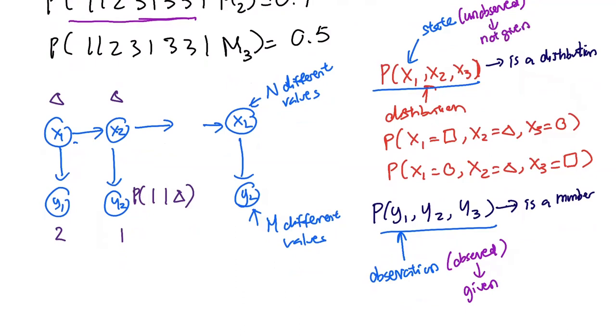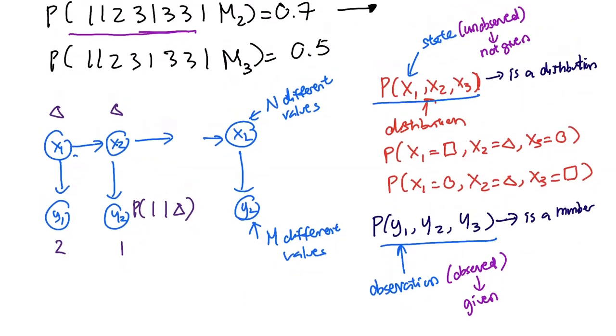Because if I observe something, then I know exactly what value it is. You assume the computer knows. If I don't observe something, then I don't know the value. So then the question is, if this is not given and this is given, why is it that this is a distribution, but if I write this, it is a number?